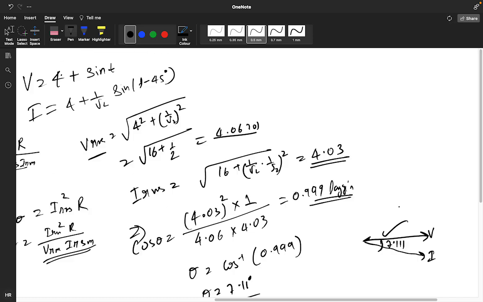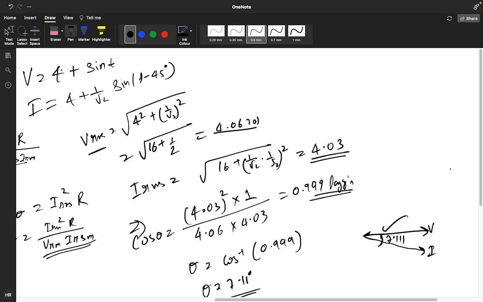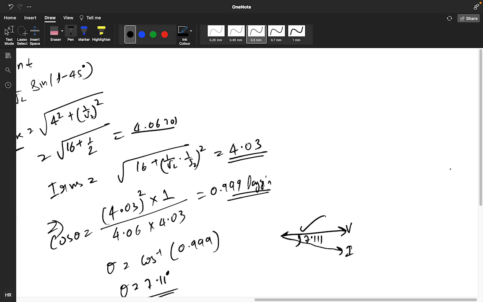See, it's very simple, it's not tough, because in these questions we know how to calculate VRMS and IRMS. We already discussed it in RL network, RC network, anywhere.